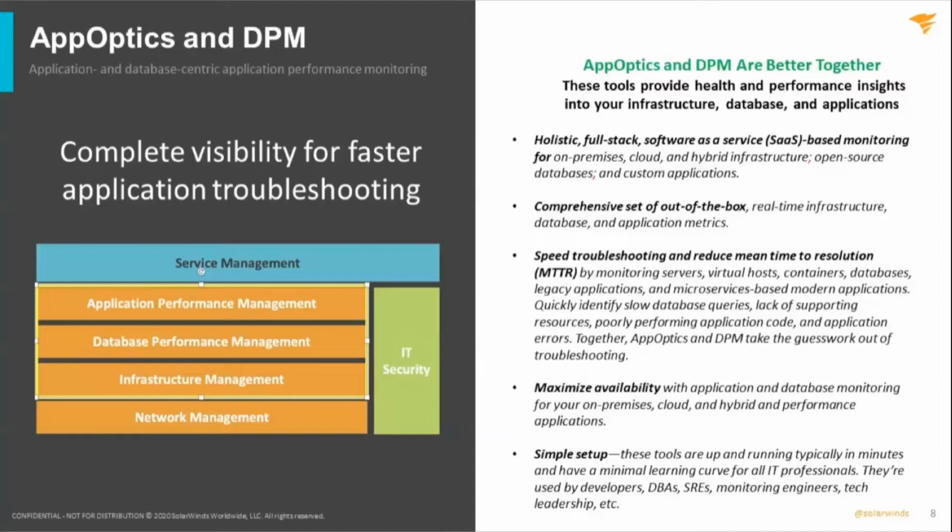Maybe it is the database, not because of how much your application is hitting on the database, but because there's a bunch of these other applications that you're not even aware of. So having both of those perspectives and being able to really provide optimum observability into your application, you're going to see how together these products really will maximize your availability.